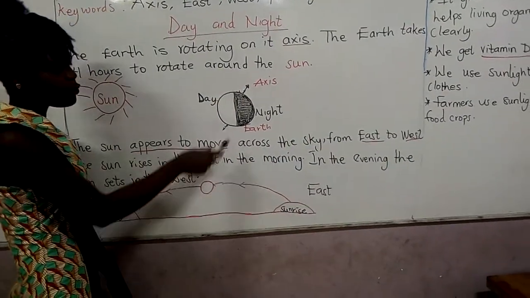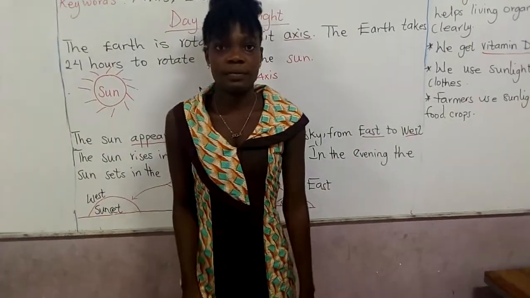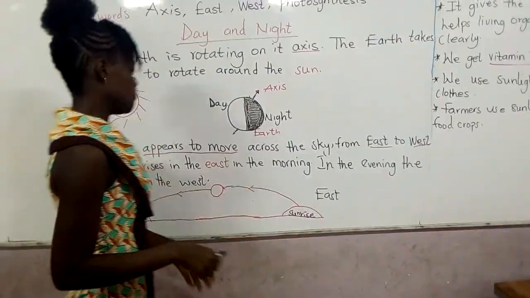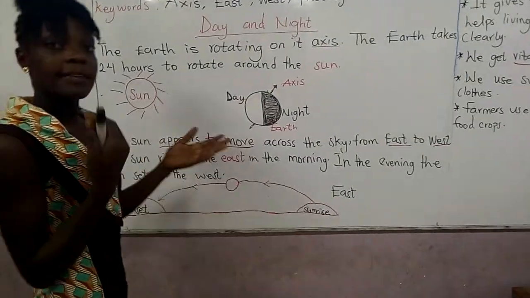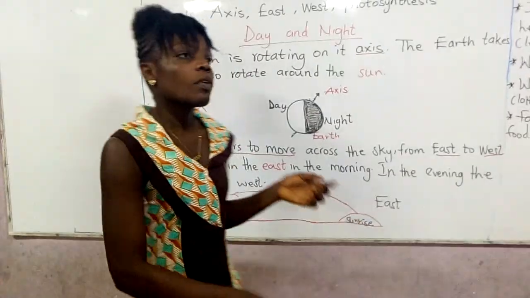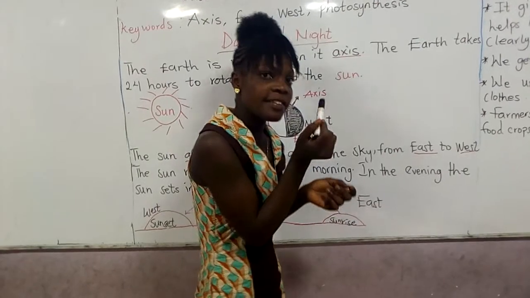The sun appears to move across the sky from east to west. So you see the sun in the morning when you wake up, rising at this side. So meaning it rises in the east. That's the right side.